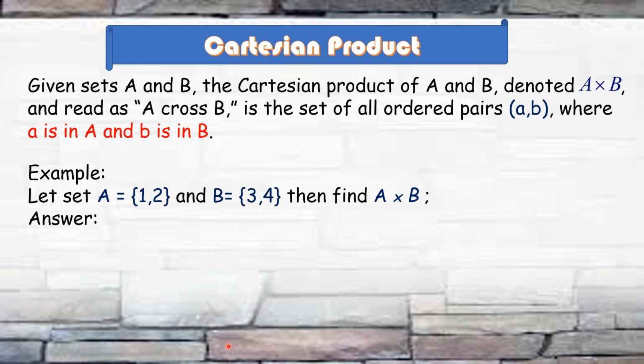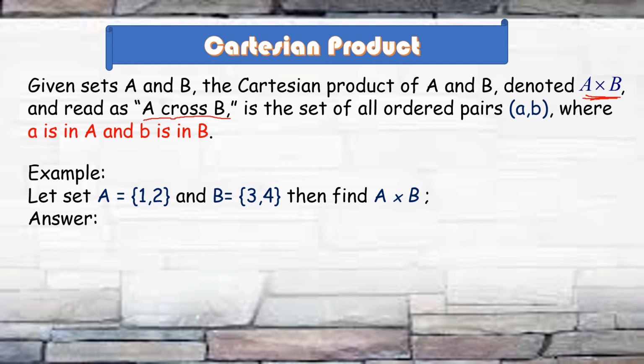Let's proceed to Cartesian product. When we say product, you are implying or you are doing the multiplication operation. Okay? So, yun ang ibig sabihin niya. So, given set A and B, the Cartesian product of A and B denoted as A cross B. So, we'd read it as A cross B. So, ayan.